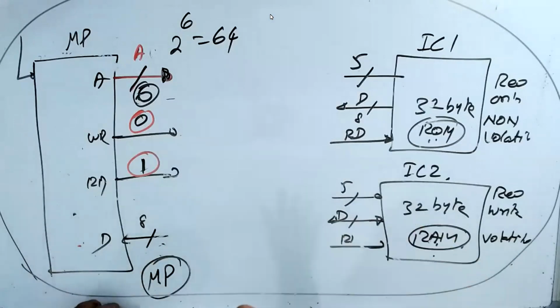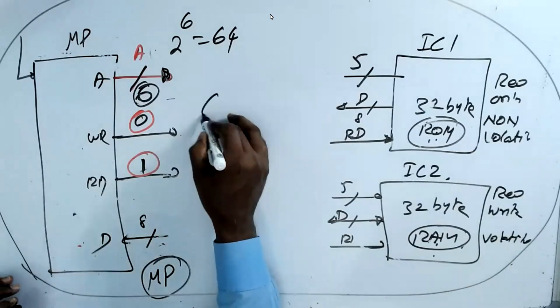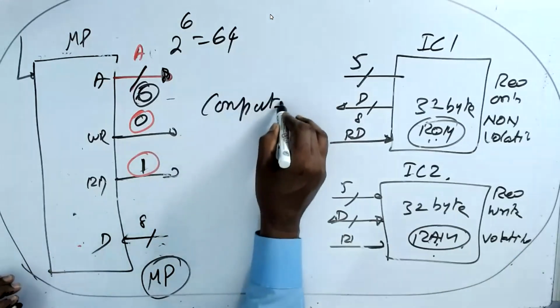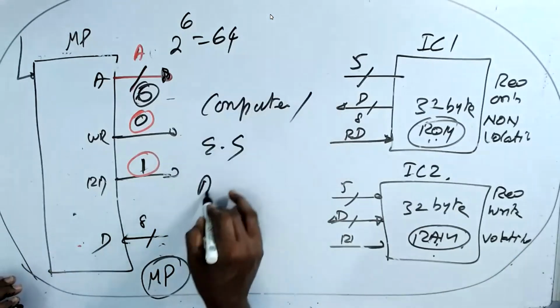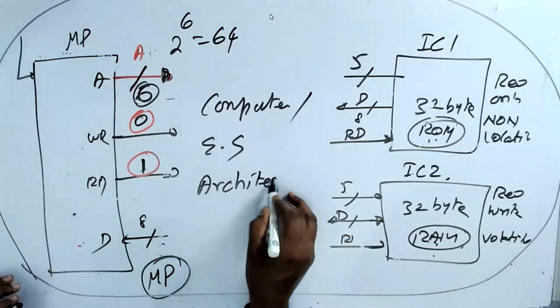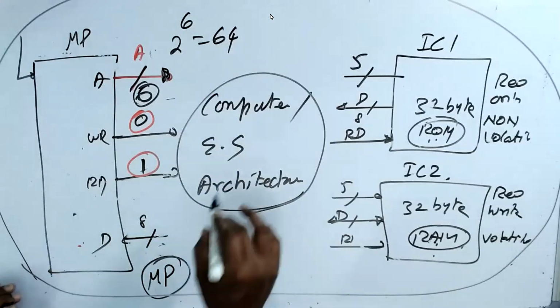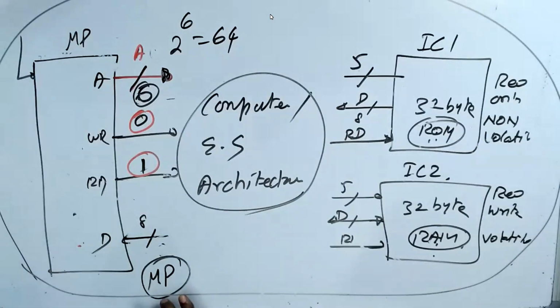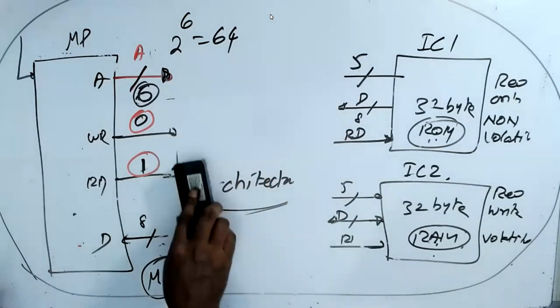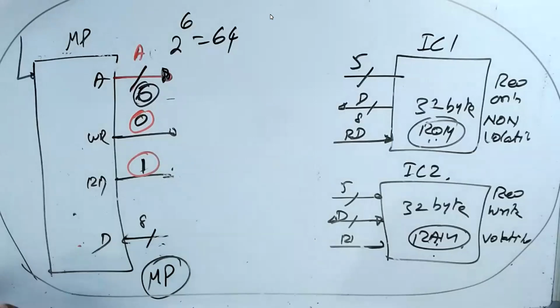This is the base for your computer architecture or embedded system architecture. If you understand the next session, you are great. If you ask me which is the most important session in the whole embedded system programming, it is the next coming session. After the break, we will discuss that.